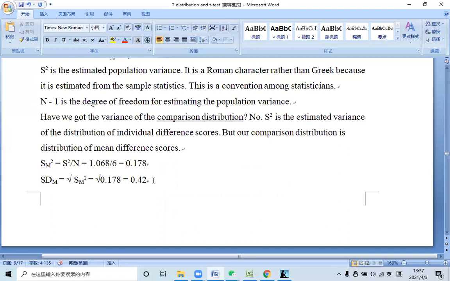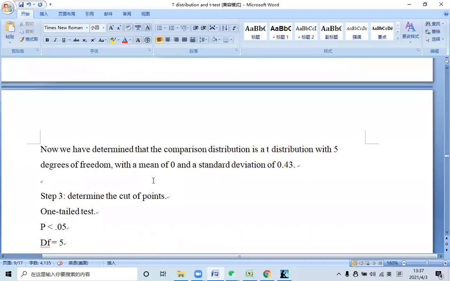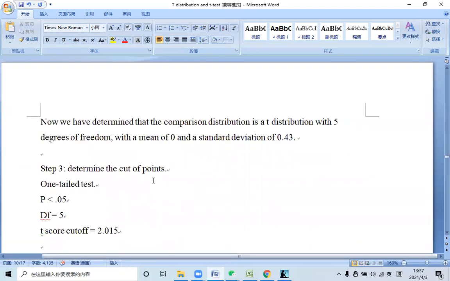Once you get the standard deviation, you're ready to get the t-score. With the standard deviation, the mean, and the raw score, you have enough information to get the t-score. So your comparison distribution is a t distribution.